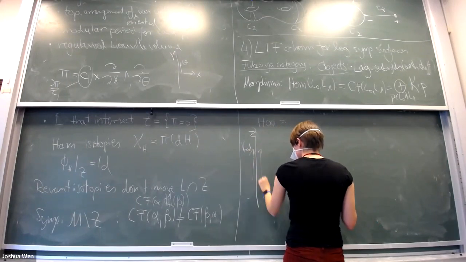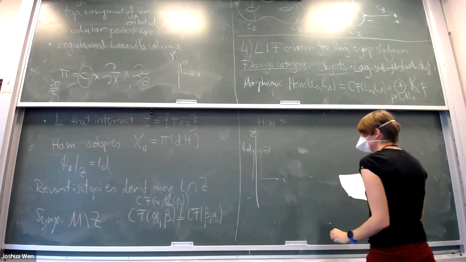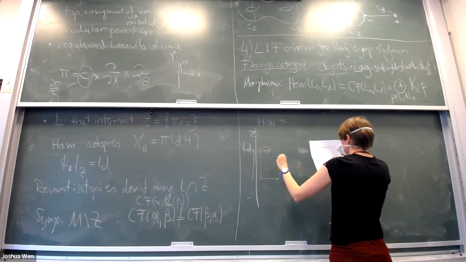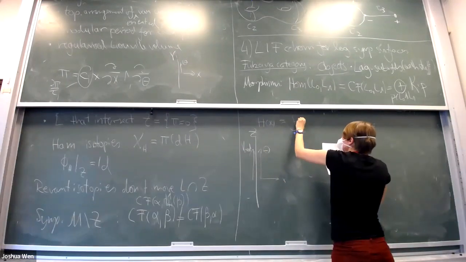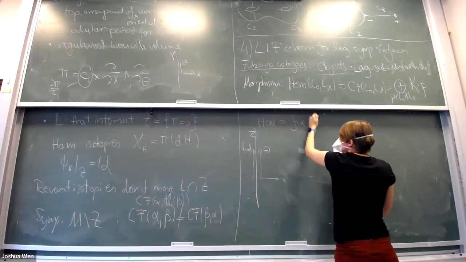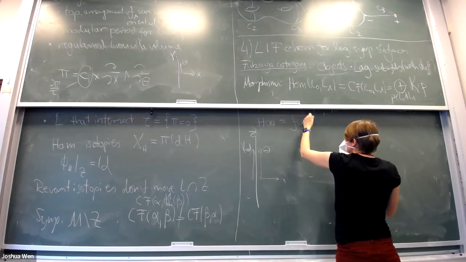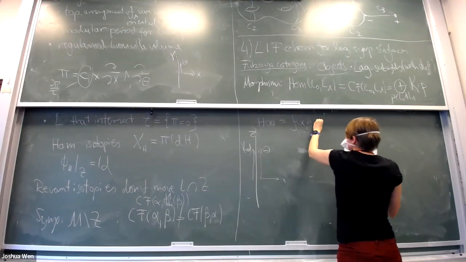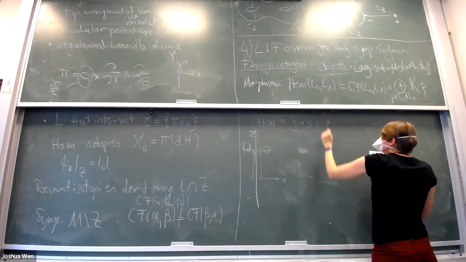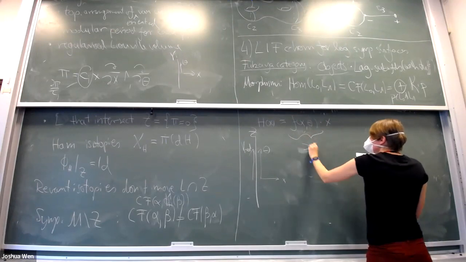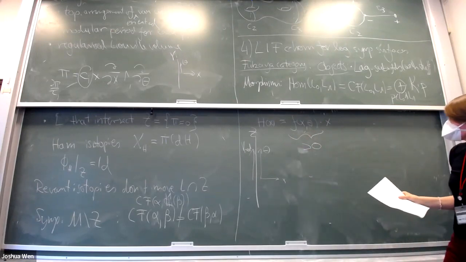We will always choose this x theta so that it looks like this. And the Hamiltonians we allow can depend on theta. It should look like this, and this has to be positive.